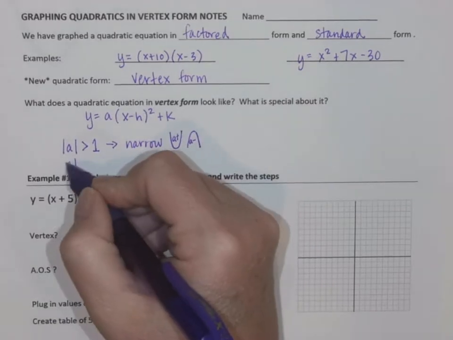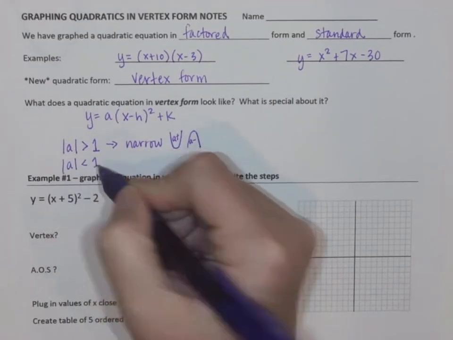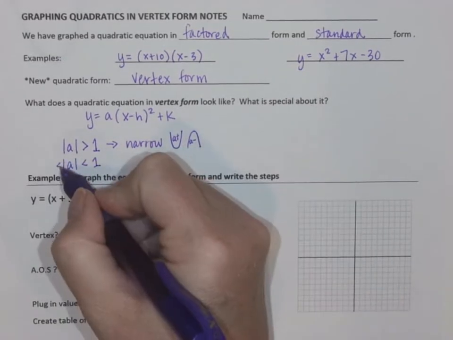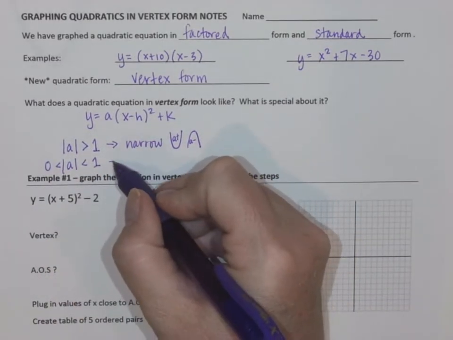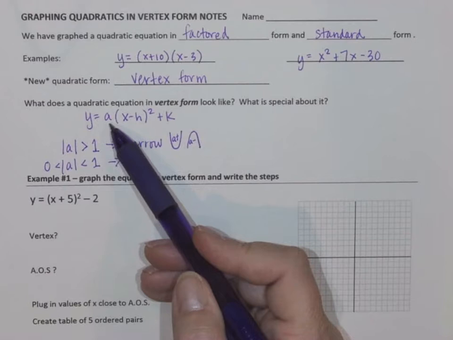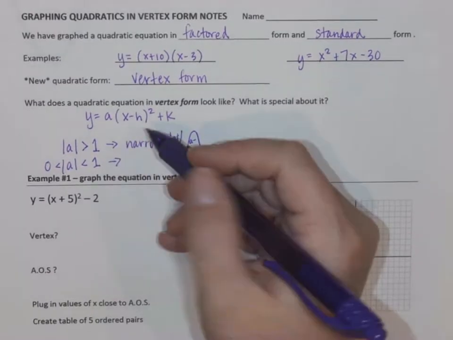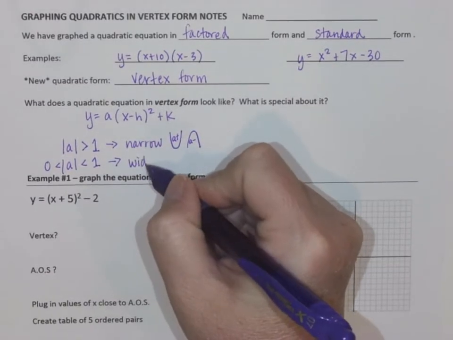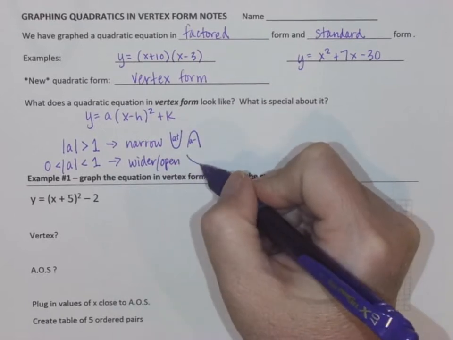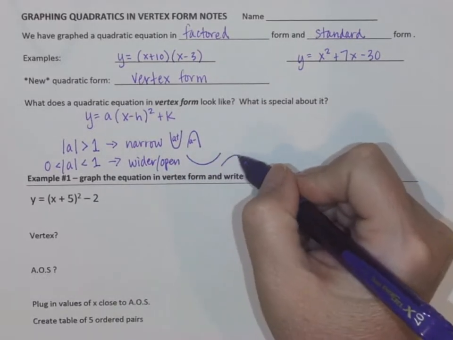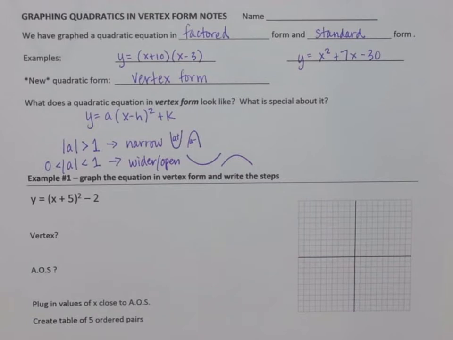And if the absolute value of a is between 0 and 1, like if it's a fraction, for instance, if we have a 1/2 in our a spot right there, then it's going to be a wider or more open curve. So it could look more like this or more like this. Okay, so it's a much more open kind of parabola.